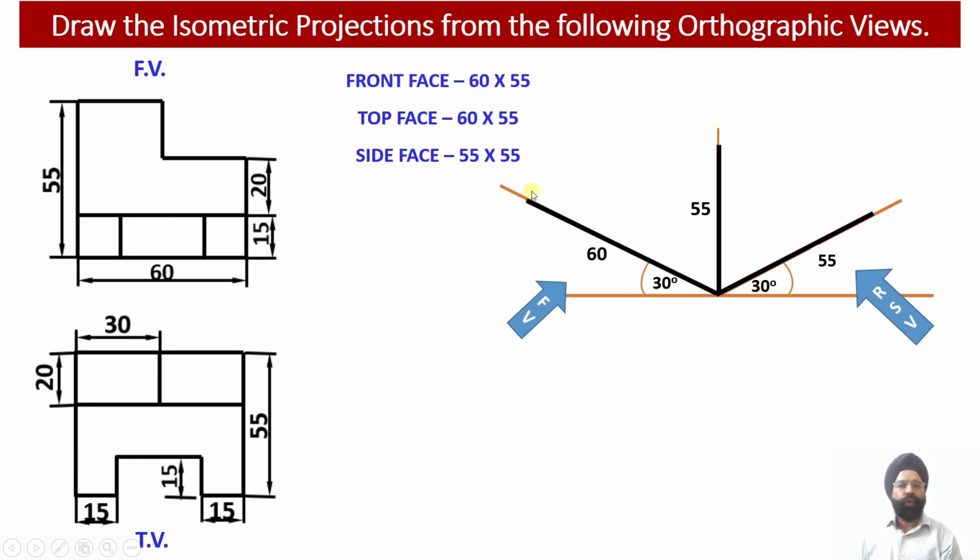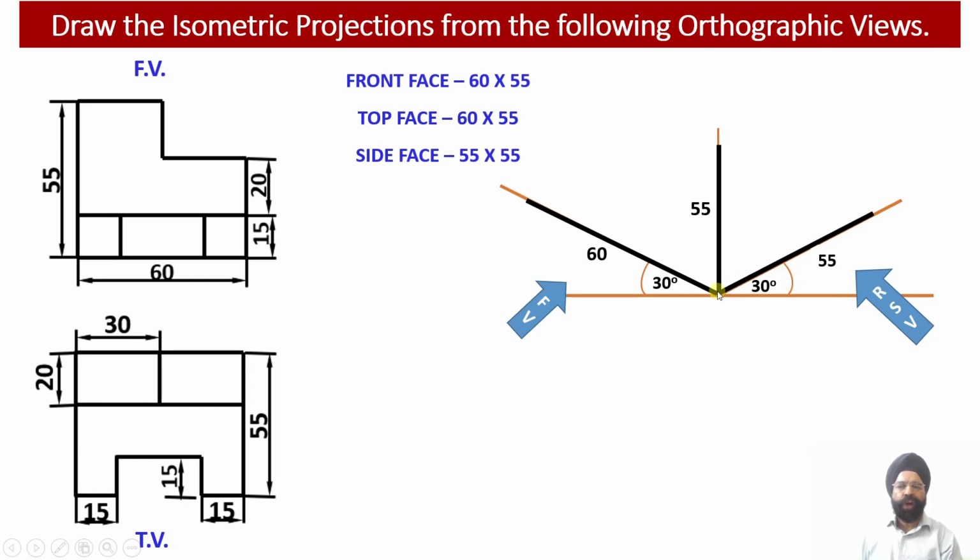So this is going to be the front view face. The front view face will be located along the xy plane in the isometric projection. Similarly, the right hand side view face will be located on the right hand side.